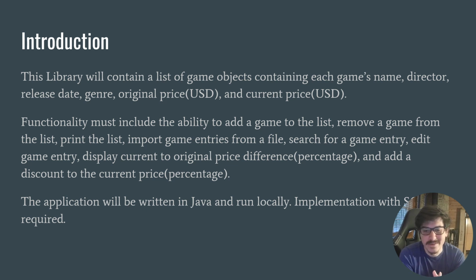There will be functions for removing a game from the list, printing the list, adding manually, reading from a file, searching for a game, editing that game data, adding a discount to the current price to keep track of the current discounts going on. The program will be written in Java and it will run locally completely. There will be implementation with SQLite as well.